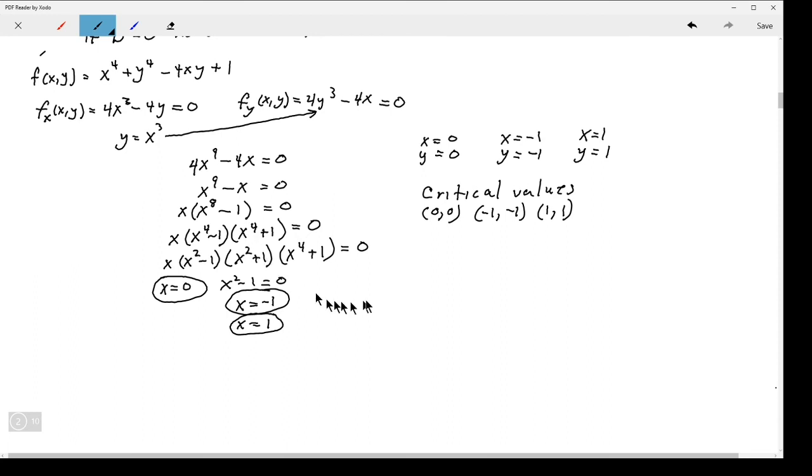Let's calculate those really quick. I'm going back up to here. fxx, again with respect to x, is going to be 12x squared.